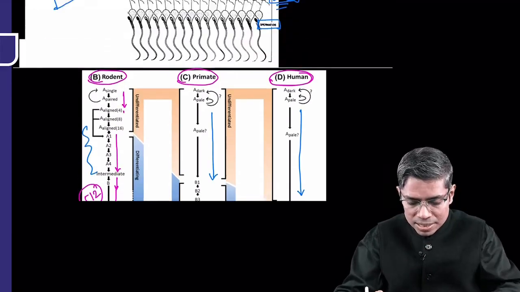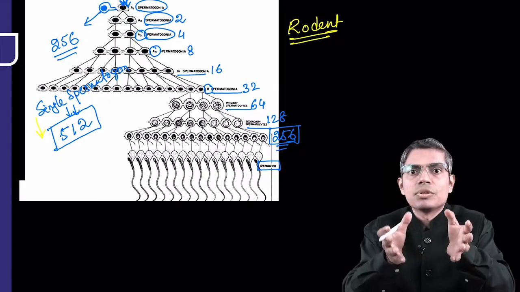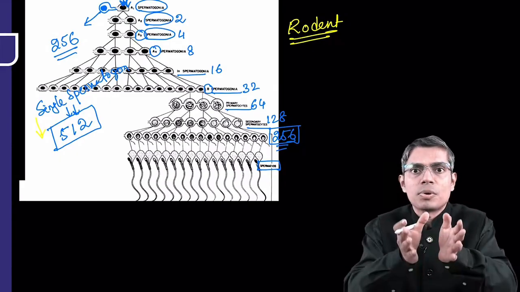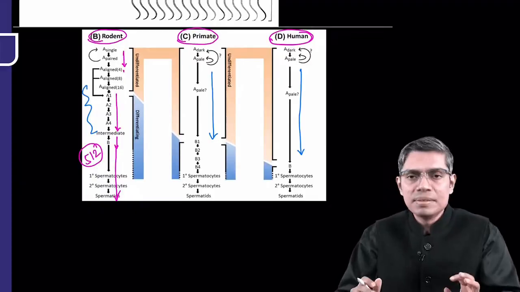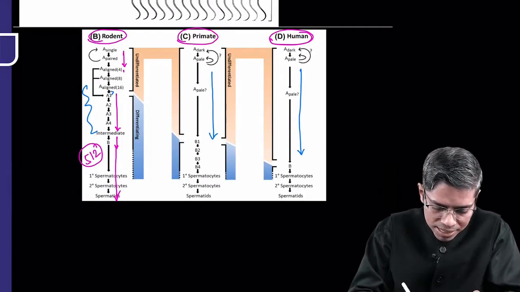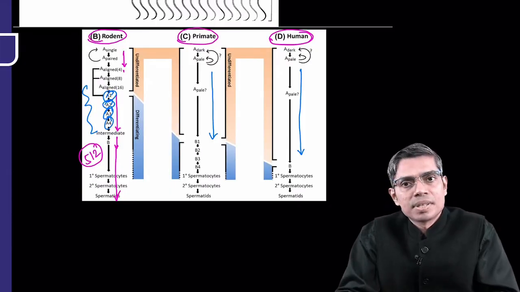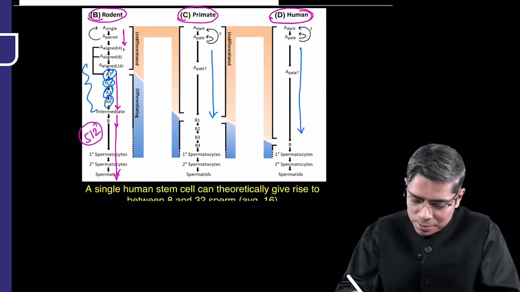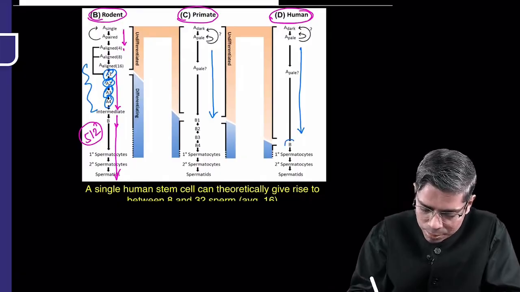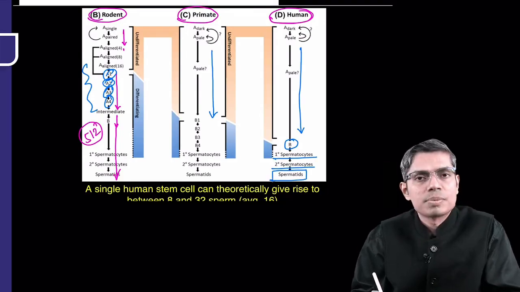If the cells were dividing like this, one after another, they would remain connected with one another and it would be a continuous process. But in human and primates, the stages A1, A2, A3 are all absent. Because of which, in human, the spermatogenic process is very, very simple. It forms the spermatogonia B, then primary spermatocyte, then secondary spermatocyte, and then spermatid or sperm.